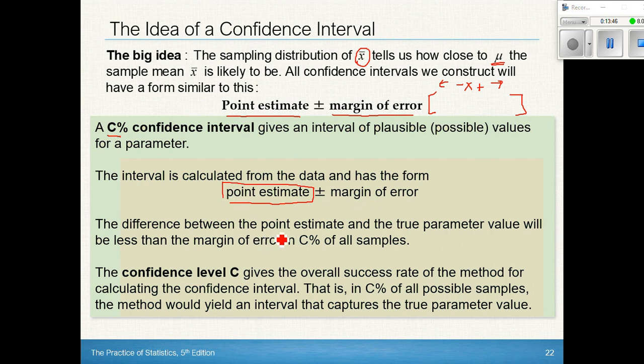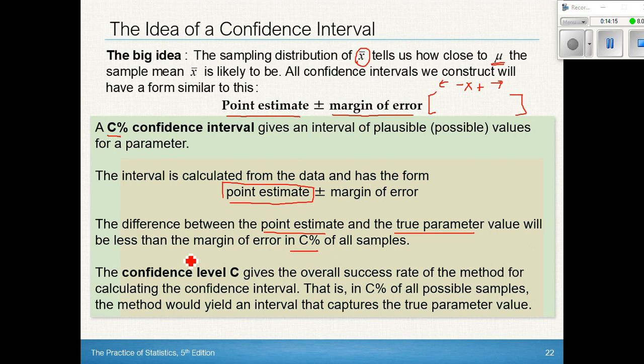The difference between the point estimate and the true parameter, or what you gathered from your sample and the true population, will be less than the margin of error in 90 or whatever percent of all samples. All that means is that 95% of the time, the true population mean is going to fall somewhere in that interval.